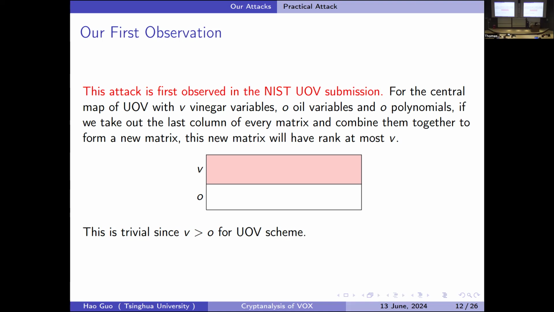Then this new matrix will have rank at most V, because this part is some random things and this part is all 0. So this is for U over, and this long side is the number of equations M. So this is trivial because V is larger than O.